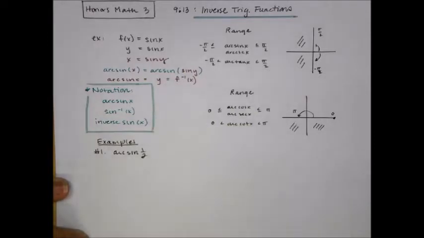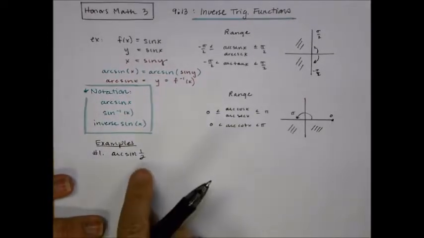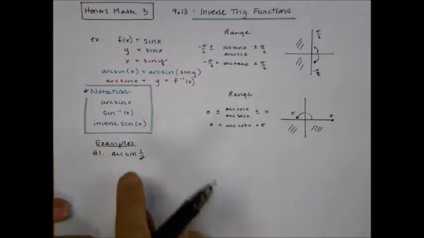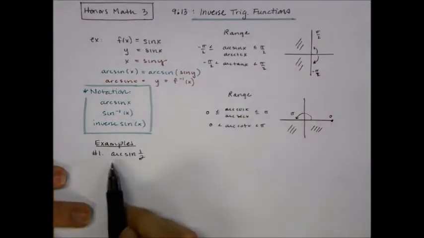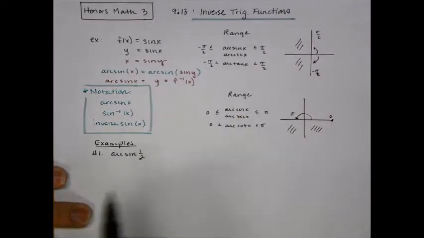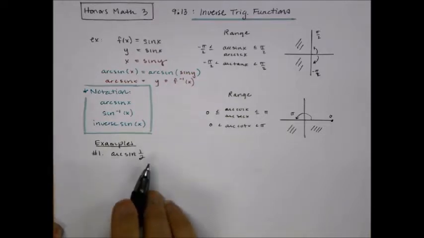All right, so in solving an inverse trig function, you have, instead of sine of an angle equals a value, it's just backwards. Inverse sine of that value is what angle. So this is really asking sine of what angle is going to give me the answer 1/2.